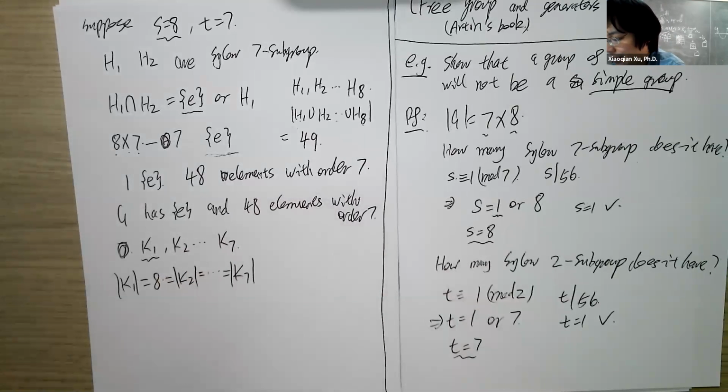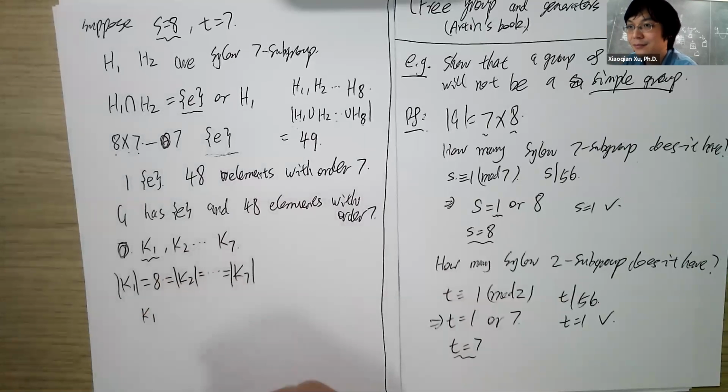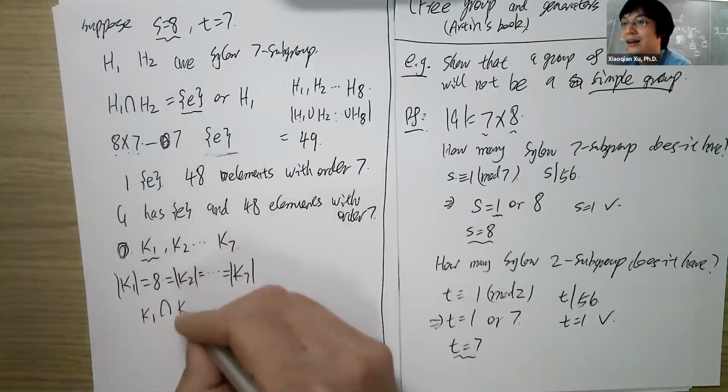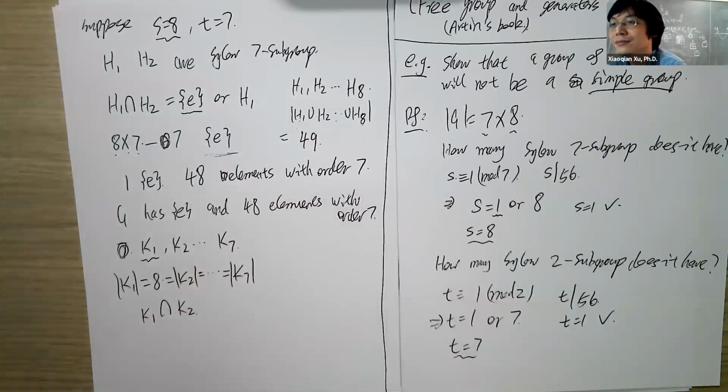Then how many different elements do you have among the Ki? We need to check the intersection of, for instance, K1 and K2. Wait, sorry, why does K1 have 8 elements?